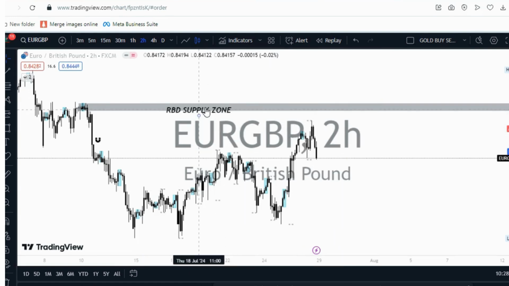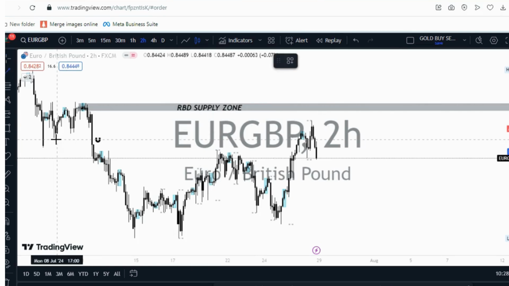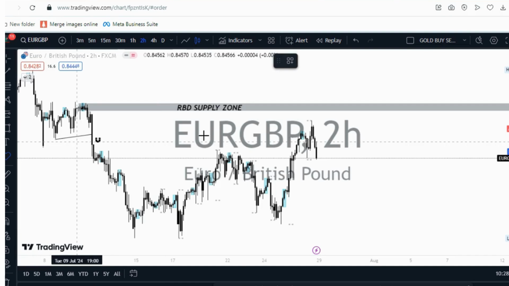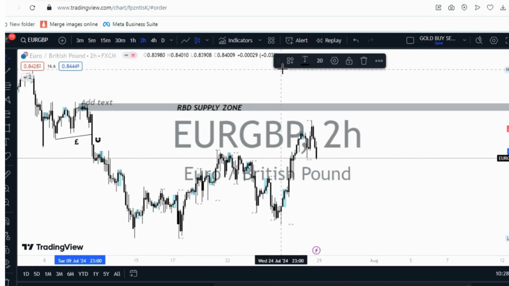We have nice candles there. And then we also have a nice break of structure, which is very, very important when it comes to the market. So this means that continuation of the market is going to happen. Okay, then this is our higher high up here.